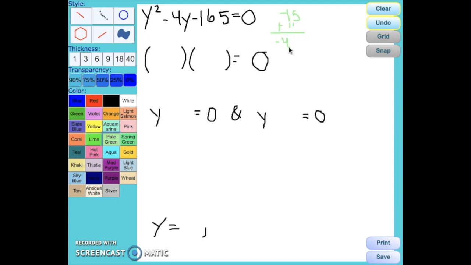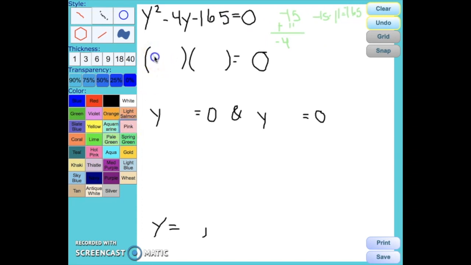What is negative 15 times 11? If you use a calculator, it's super easy: negative 15 times 11 is equal to negative 165. Cool, so we have negative 15 and 11.